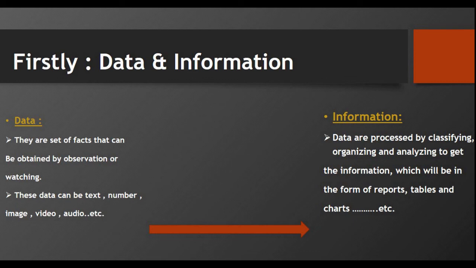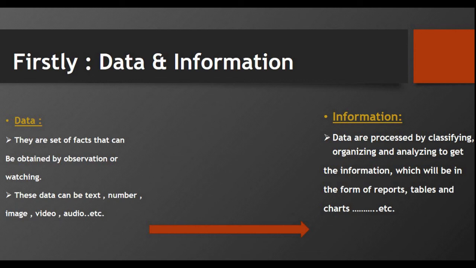Data are the files which you can input to the computer, like audio, video, numbers. But on the other side, information is data after processing. It's data which are processed by classifying, organizing, and analyzing to get information in the form of reports, tables, and charts.